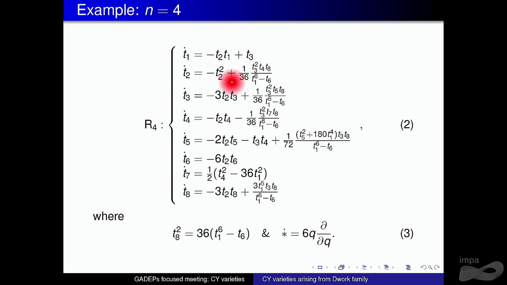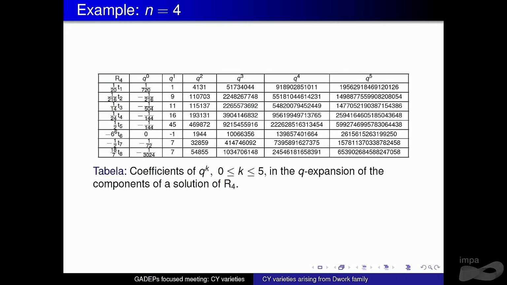So again, Hossein has an algorithm. We can find a solution as a power series for this system. And when we find the solutions up to the first one, all of them are integer numbers.